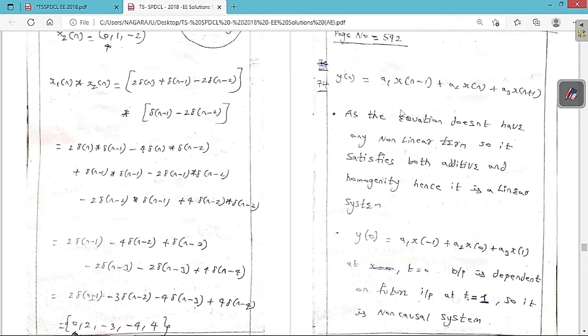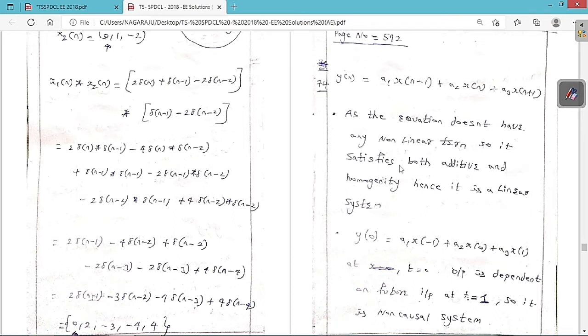As you can see clearly, this equation does not have any nonlinear terms, all are linear terms. So by seeing only we can say the system is linear, as it satisfies both the additive or superposition and the homogeneity principles.